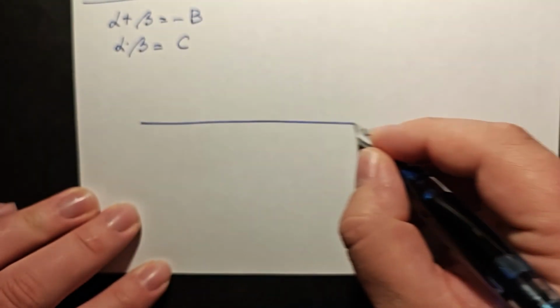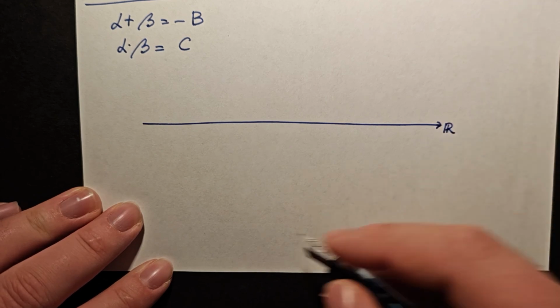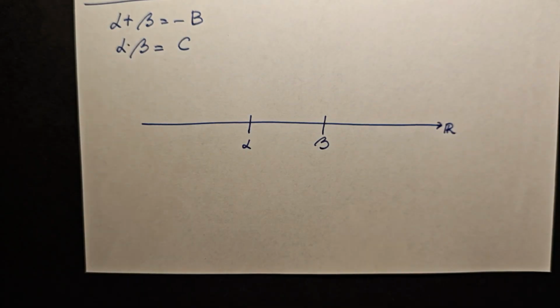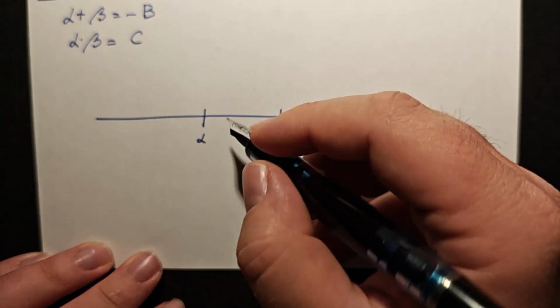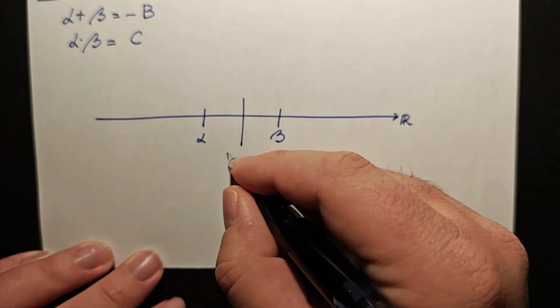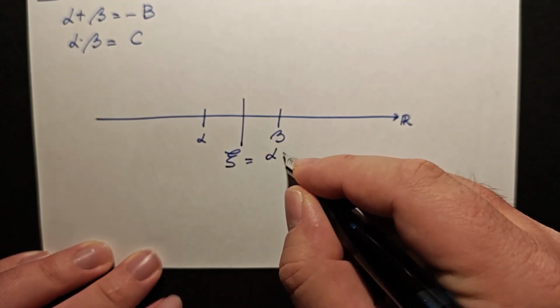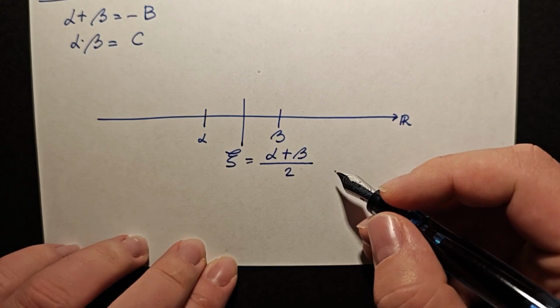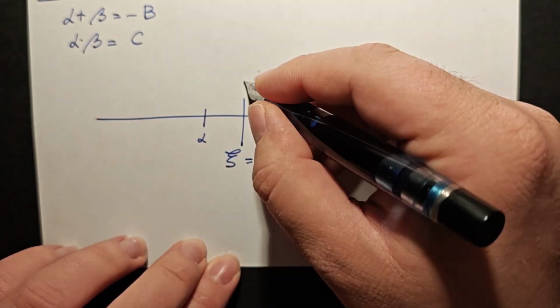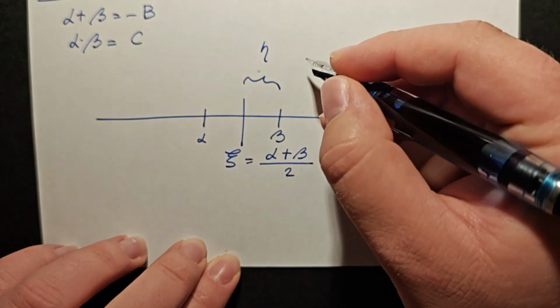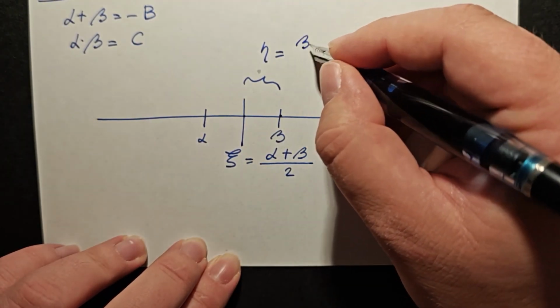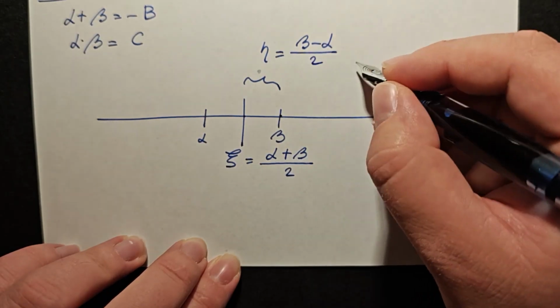So we have a line of real numbers, and on that line we have numbers alpha and beta. Let's say that the center dot between alpha and beta is the dot c, which is equal to (alpha plus beta) over 2. And let's say that eta is the distance from the center c to the dot beta. So this is equal to (beta minus alpha) over 2.